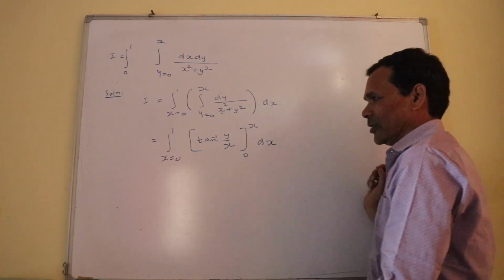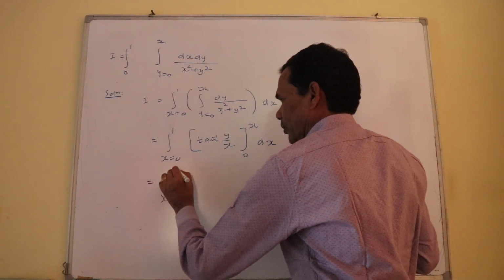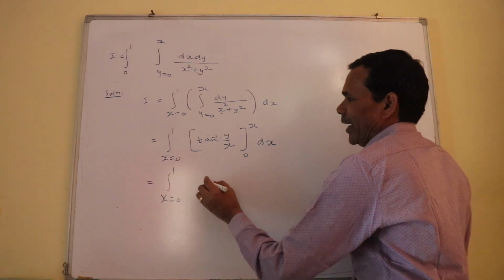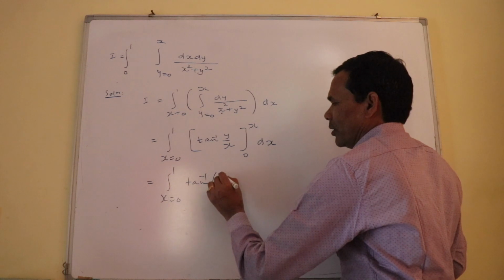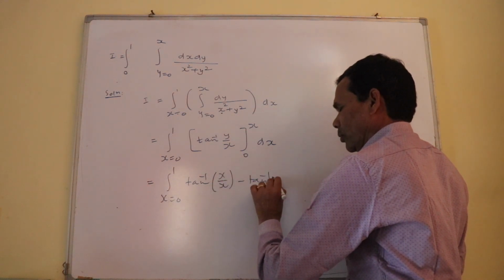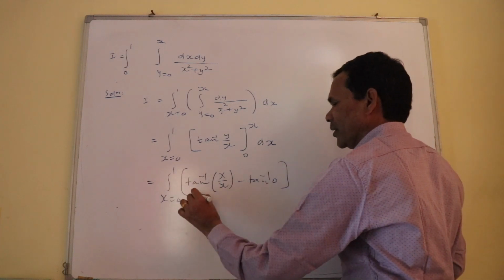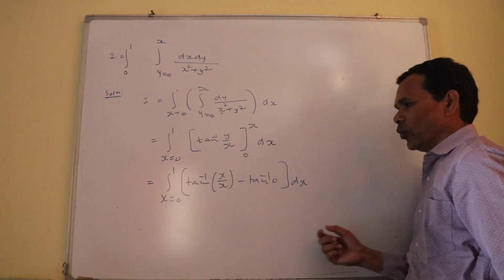So you get this as x from 0 to 1, you apply upper limit, tan inverse x upon x minus tan inverse 0. Tan inverse x upon x, it is 1.